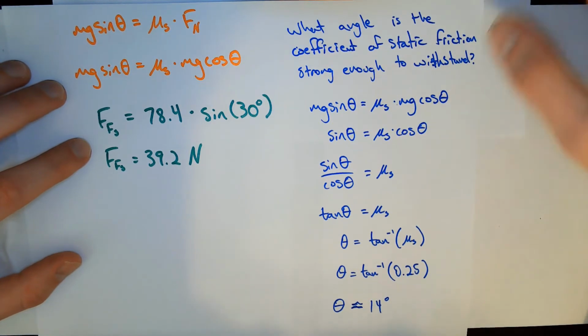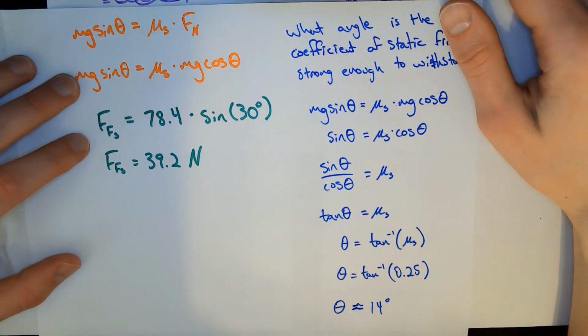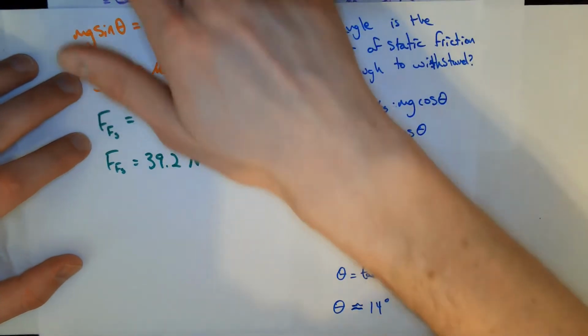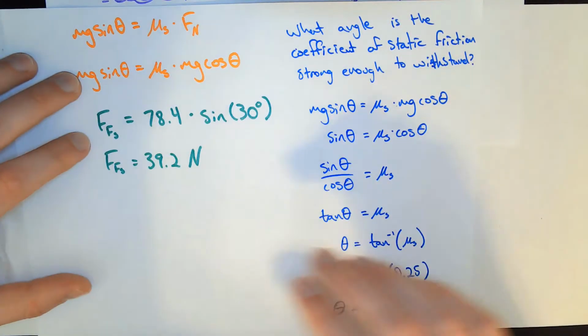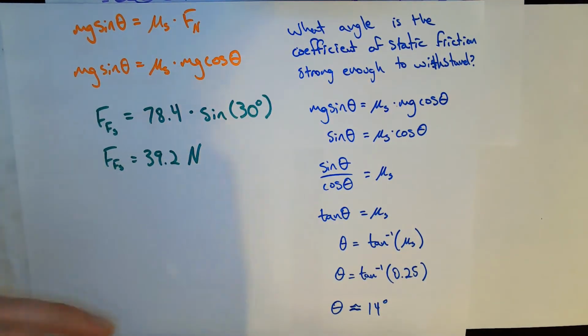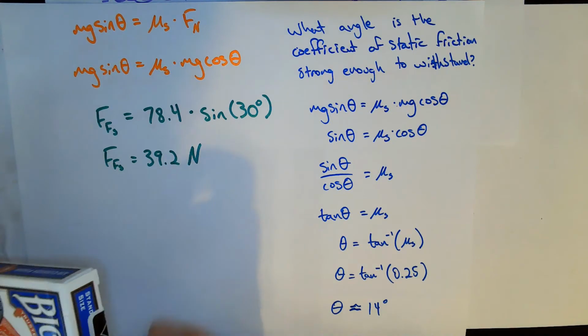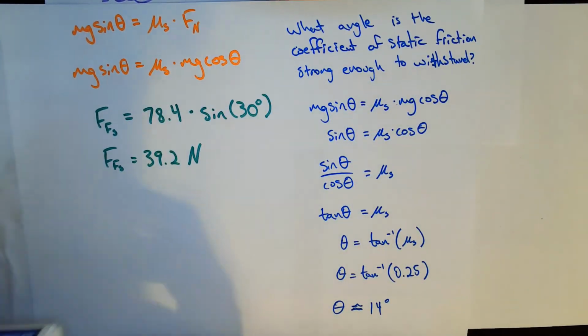This could be a realistic problem that could be given without a given angle. What I'm saying is that for a fairly heavy object, about 8 kilograms, 16 pounds or so, on a surface that's pretty slick, you could only tilt like 14 degrees before the object starts to slide. And that seems much more realistic.